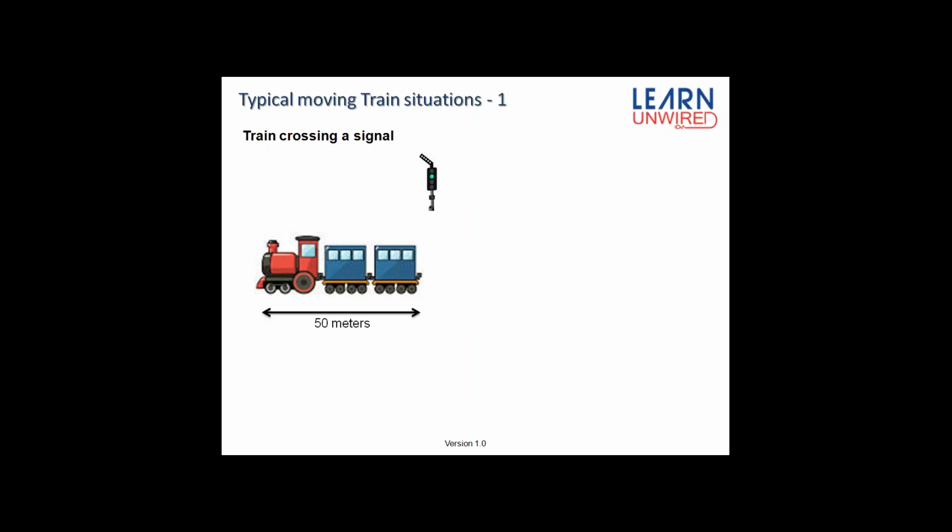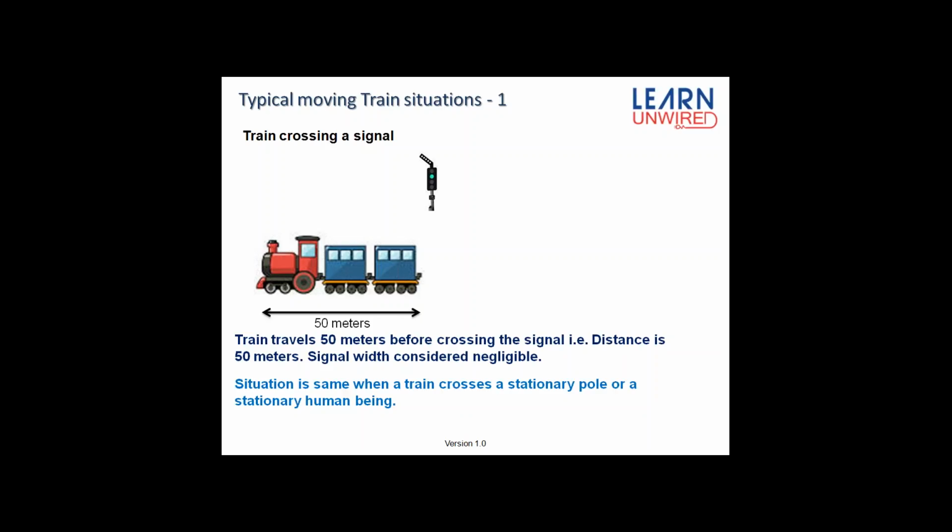So here in this case, D will always be equal to the length of the train. So the train travels 50 meters before crossing the signal. That is, distance is 50 meters. Signal width is considered negligible in this case. And the situation is the same when a train crosses a stationary pole or a stationary human being. Anything which is stationary and which doesn't have a width, the situation will remain the same.